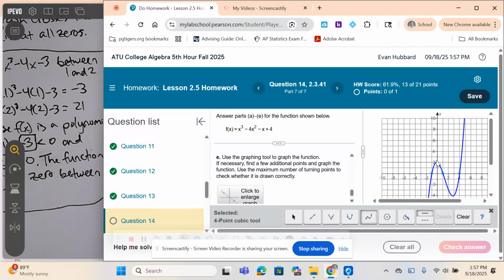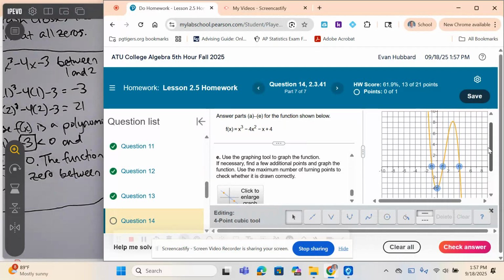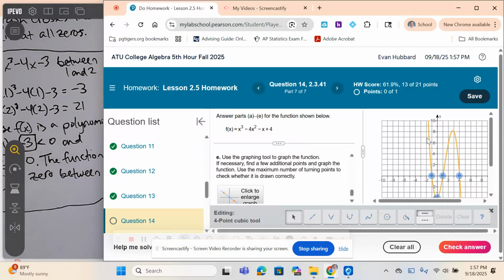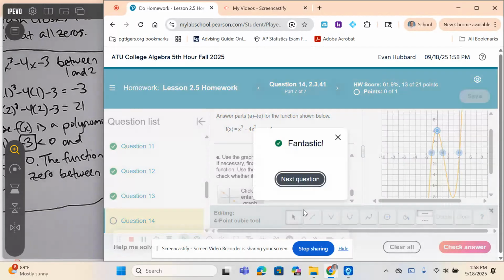The y-intercept is 4. And this one should be, I'm sorry, a plus 4. My fault. There we go. So I dropped the intercepts there. Check answer. Okay.